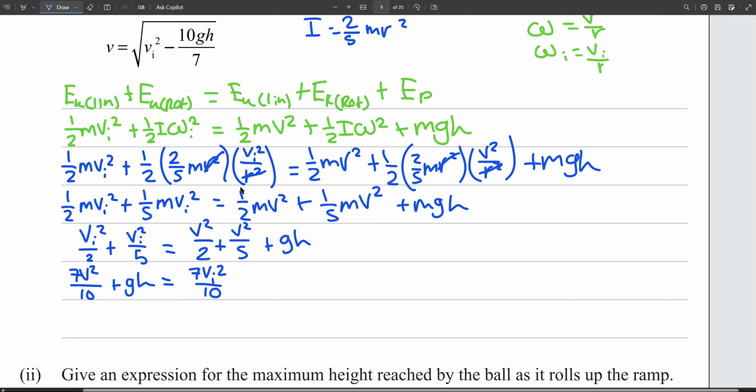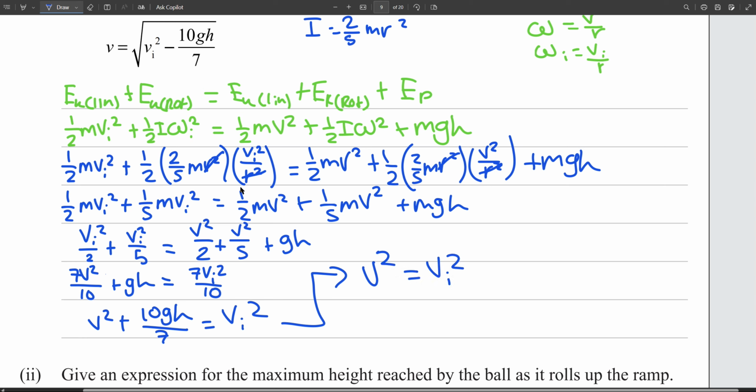Multiplying both sides by 10 and dividing by 7 gives v squared plus 10gh on 7 is equal to vi squared. Oh my god, why do I keep writing capital H? Coming over here, then we can write v squared is equal to vi squared minus 10gh on 7.